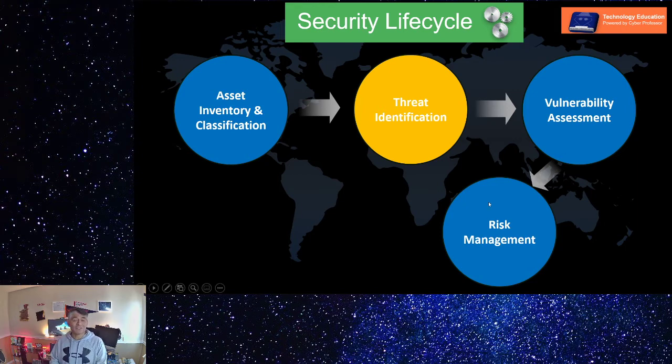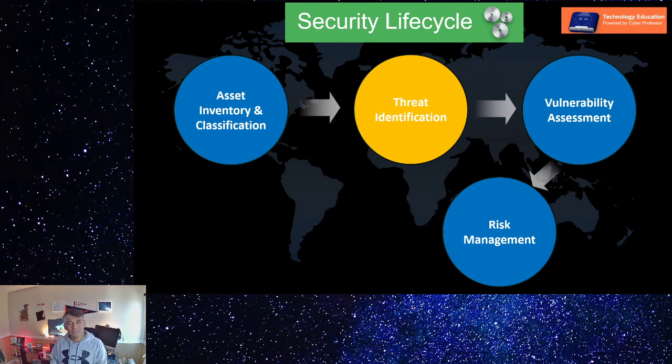So that risk management process has the outcome of creating a list of risks that our company is under in the form of high risks, medium risks, and low risks that we need to protect against.